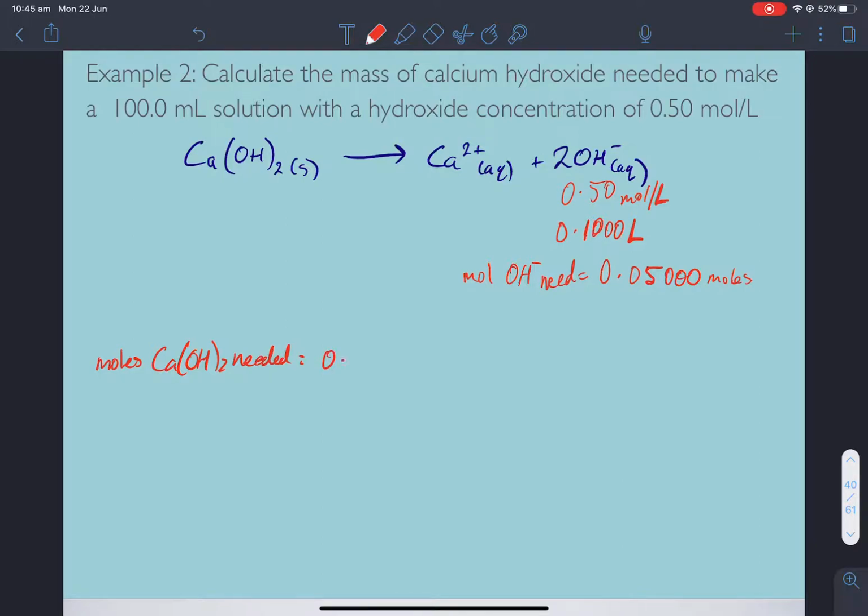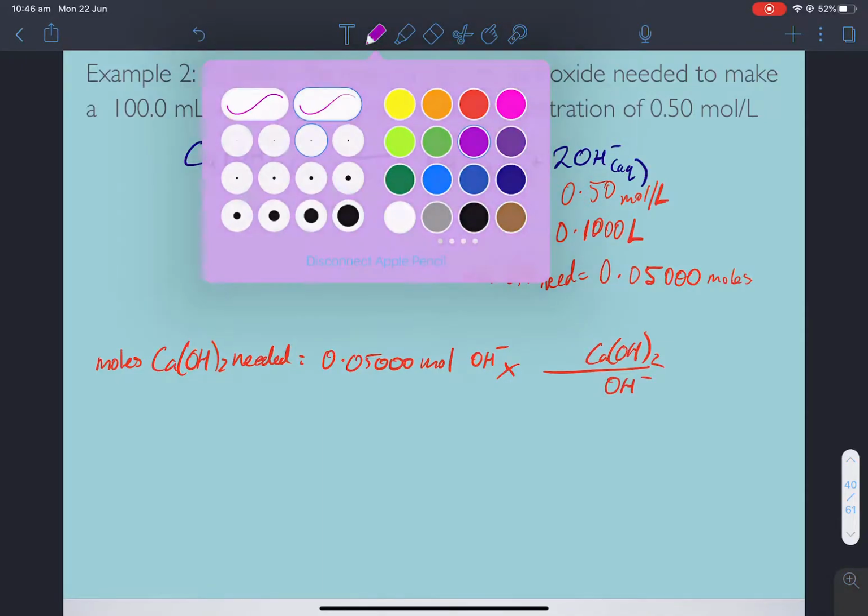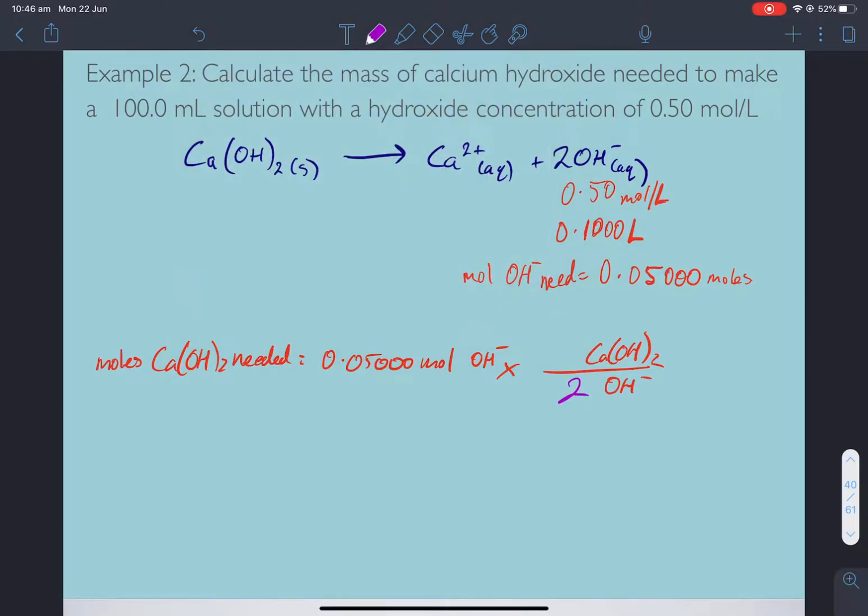Equals the 0.05000 mole of hydroxide times it by a molar ratio between the two. What do I want on top? The calcium hydroxide. And I want to get rid of the hydroxide on the bottom. Okay, what's in front of the hydroxide? A 2. What's in front of the calcium hydroxide? A 1. Okay, so times it by a half. So we need half the amount of moles of calcium hydroxide.